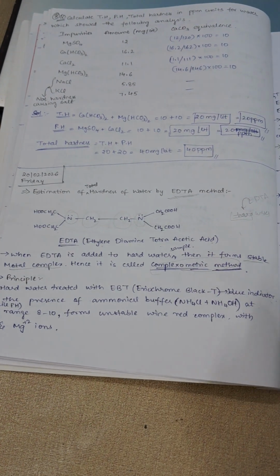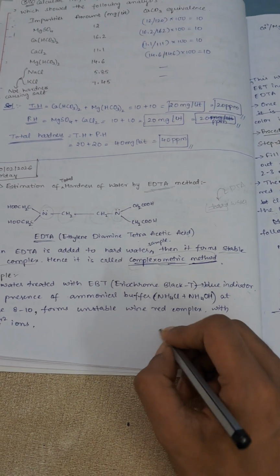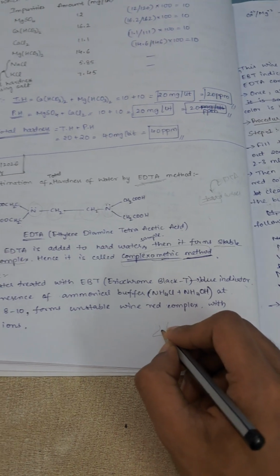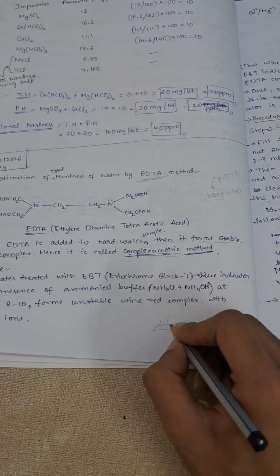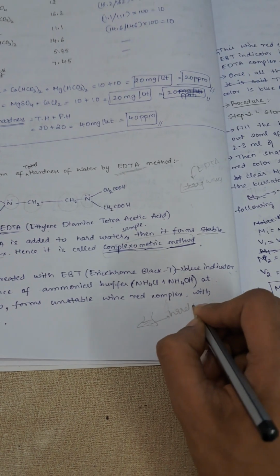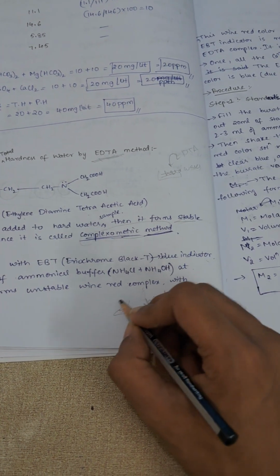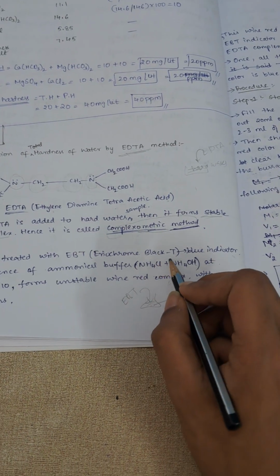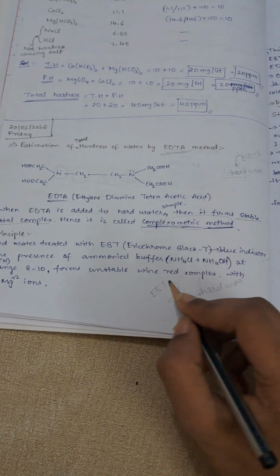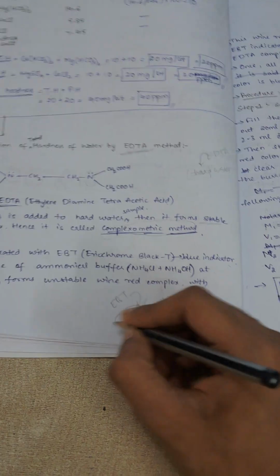Principle. First, take hard water, means pipette out 20 ml of hard water. This is hard water. In this you add EBT. EBT is Eriochrome Black T, which is a blue indicator, in the presence of ammonical buffer.